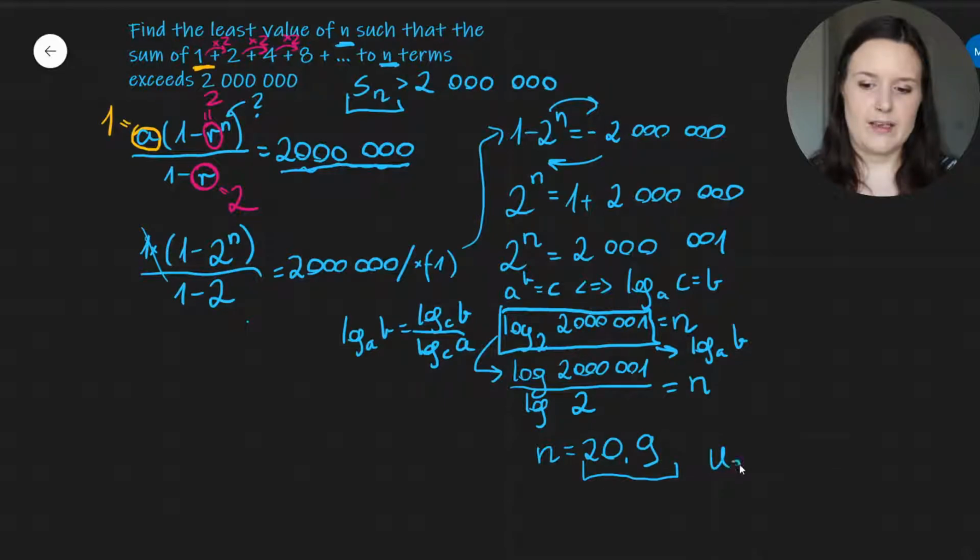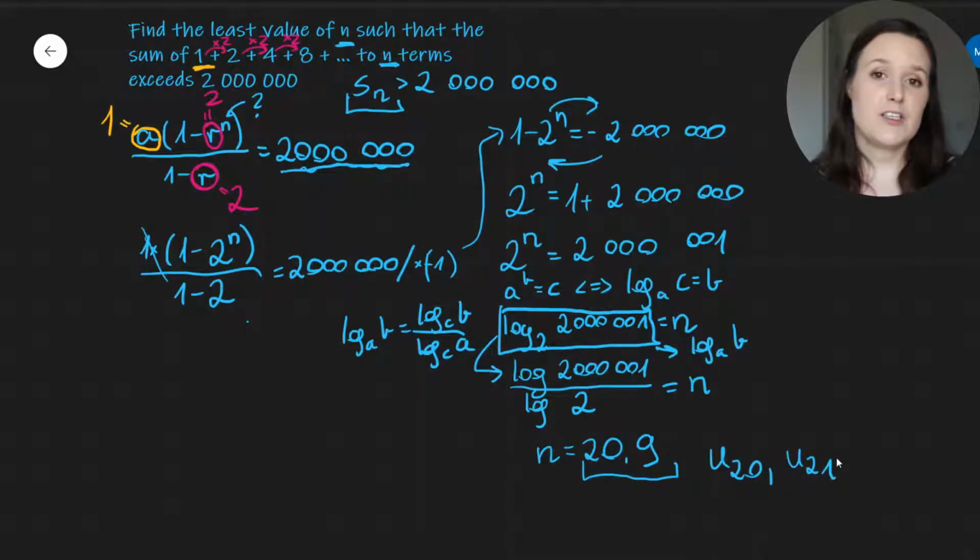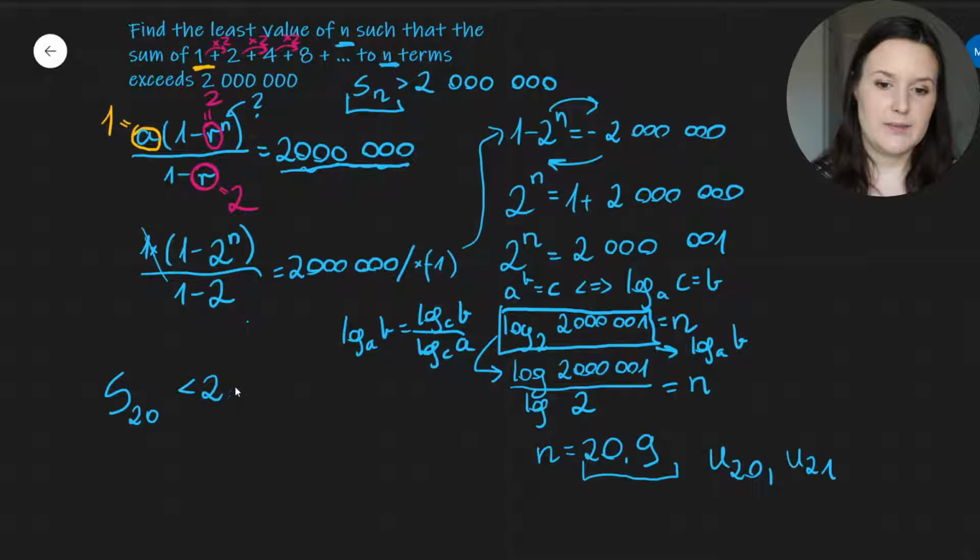You have the 20th term or you have the 21st term. There is no such thing as a term number 20.9. So you know now that the sum of 20 terms wouldn't be 2 million yet. It would be smaller than 2 million.